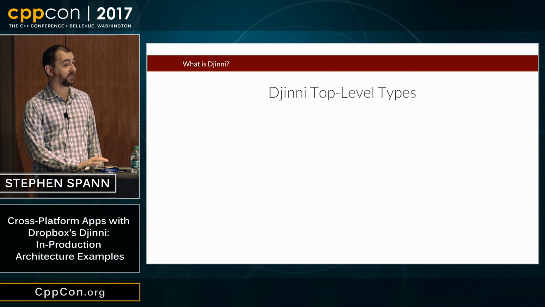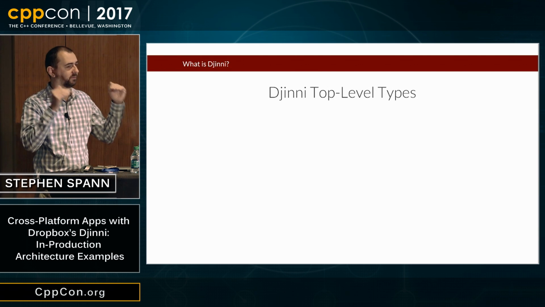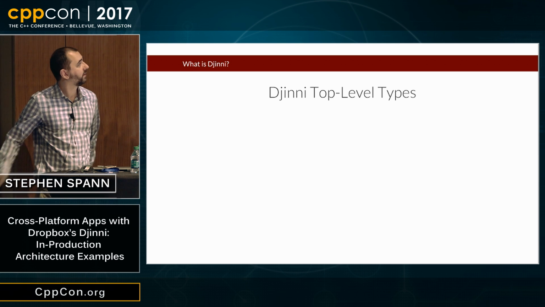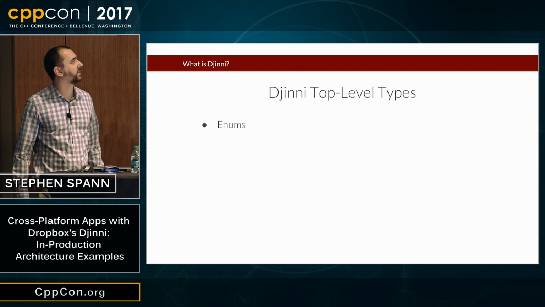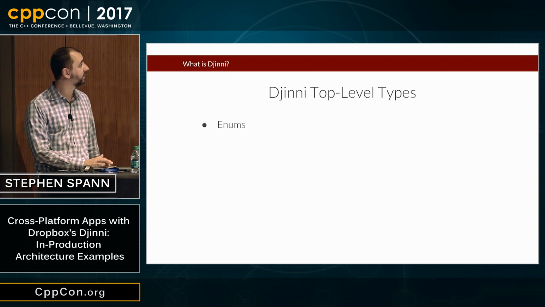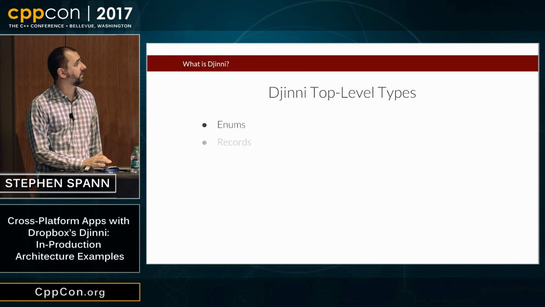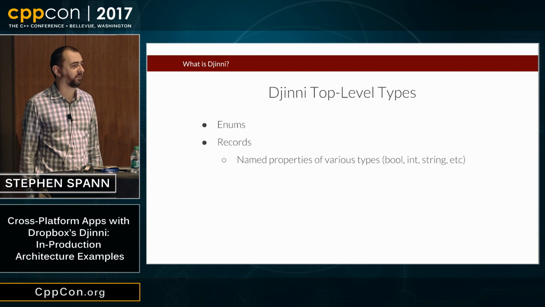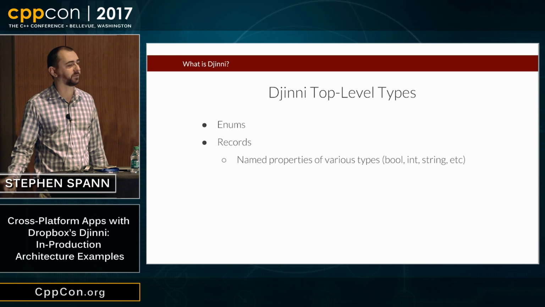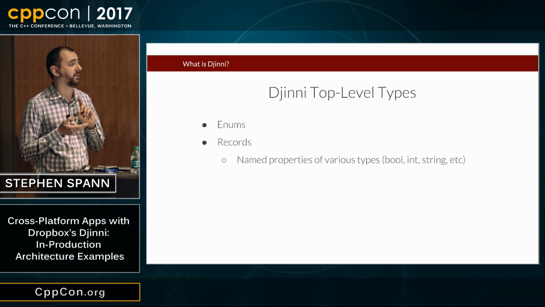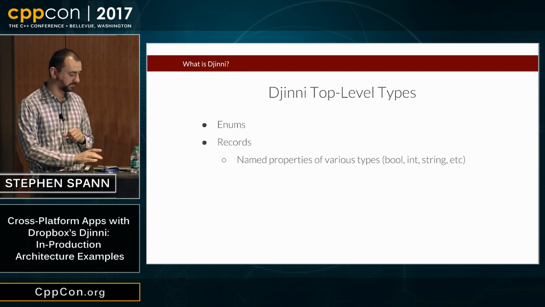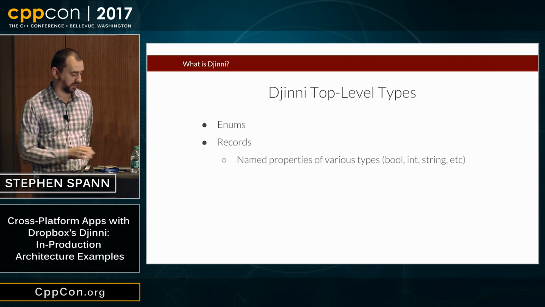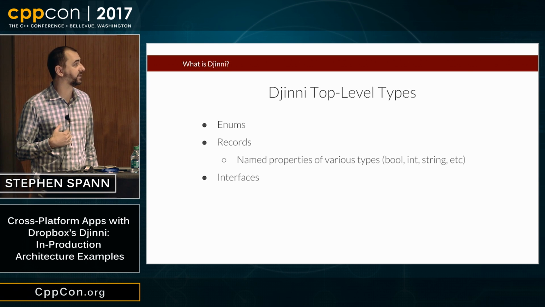So Djinni deals with three types, the top level types of things it will generate. Enumerations, records, and records can have named properties, everything you would expect: bools and strings, lists, maps, and other records as well. So you can get a pretty complicated data structure with Djinni. It also generates interfaces, which is mostly what we're interested in.